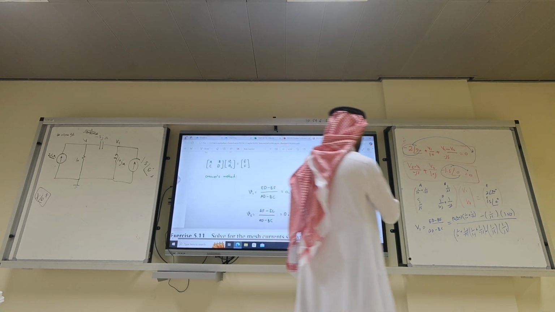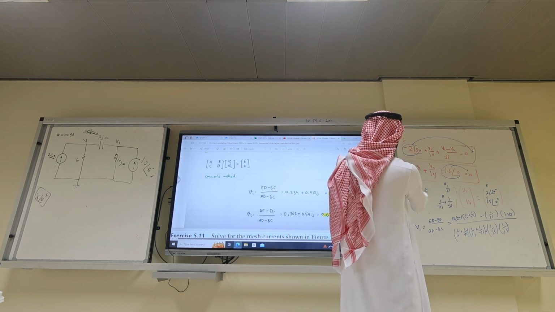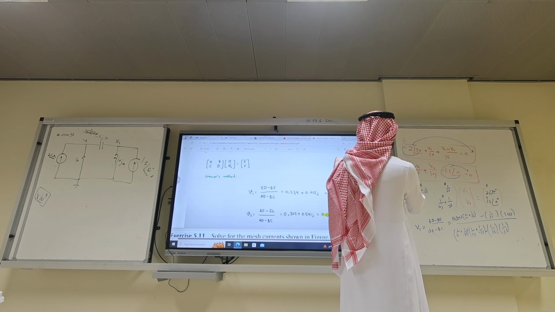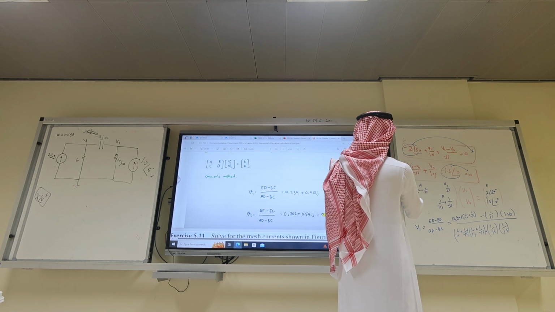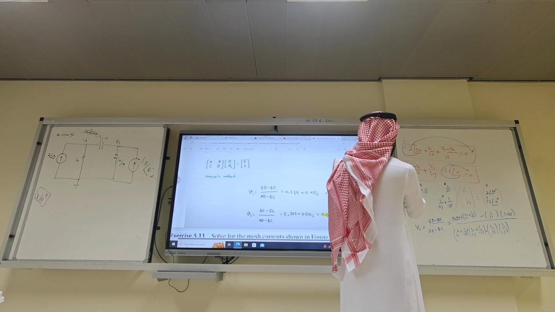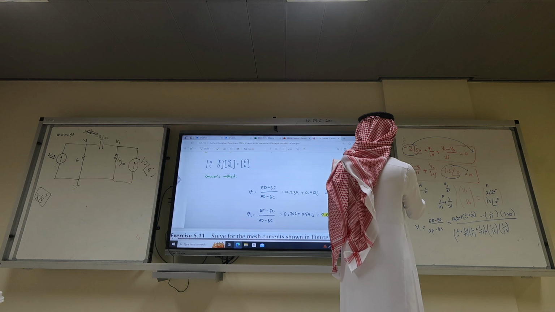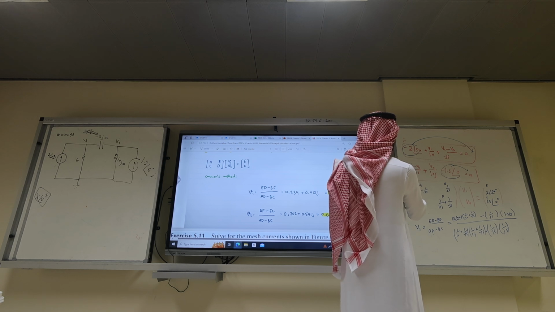Let's try, maybe it works. 2 angle 90 times 1 over 10 plus 1 over minus j times 5, minus 1 over j times 5 times 1.5 angle 0, which is just 1.5, divided by 1 over 10 plus 1 over minus 5 times j times... Let me calculate the numerator alone and denominator alone.